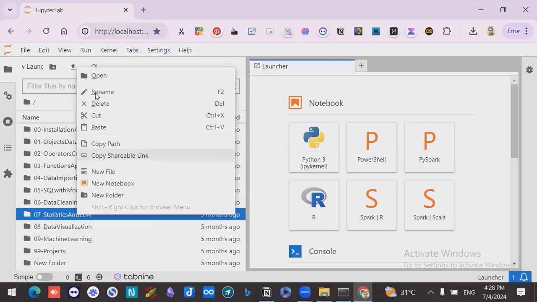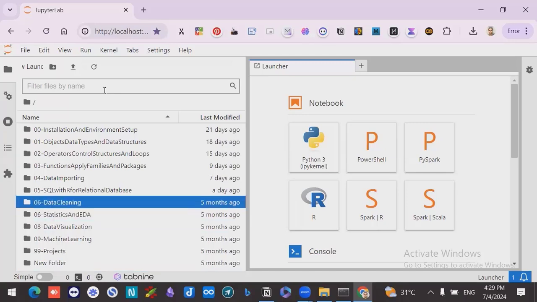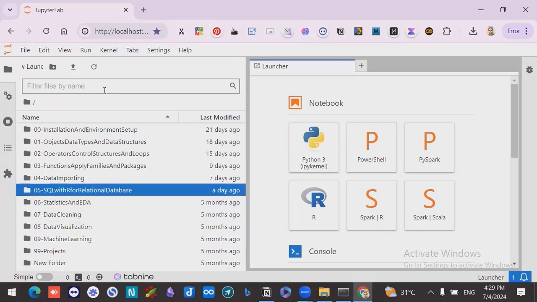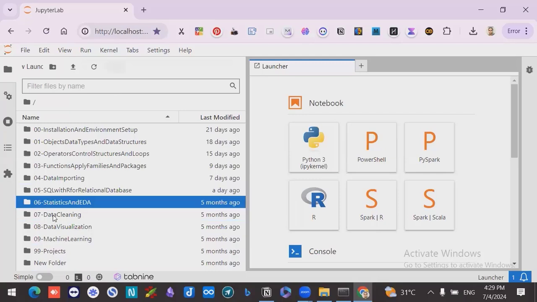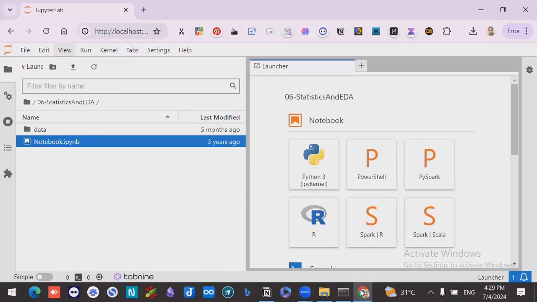First we'll rename this file as 6. It's better to learn statistics first. Now we can make the next one 7, data cleaning techniques, and then 8, 9, 10. So now I want to enter the statistical portion, and I can open a notebook.